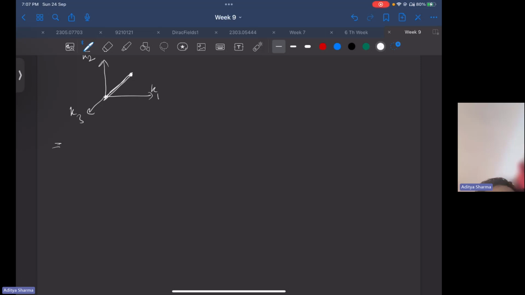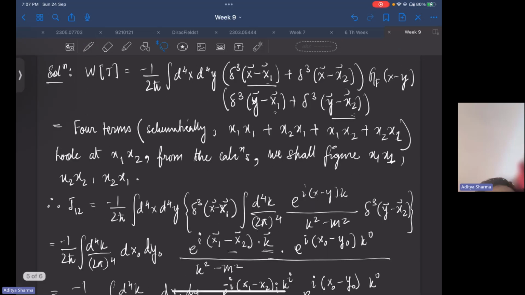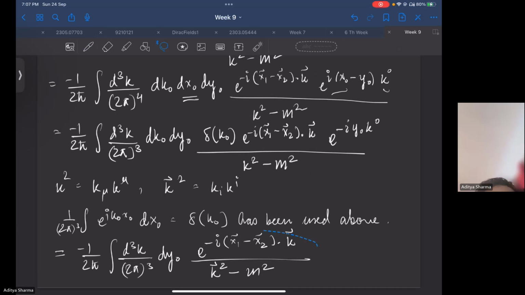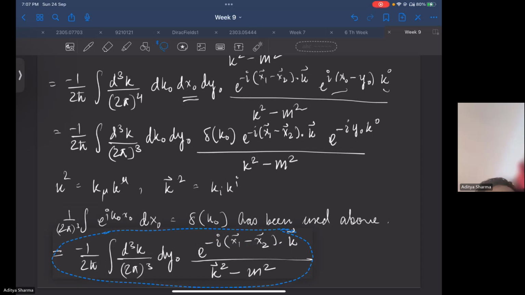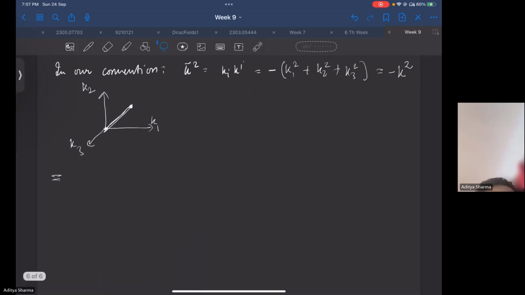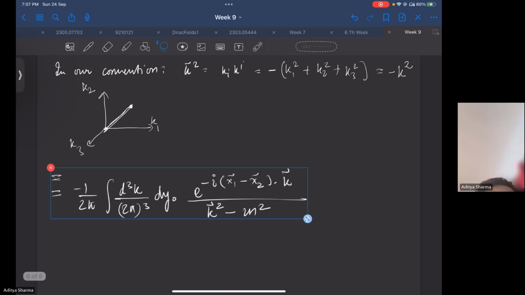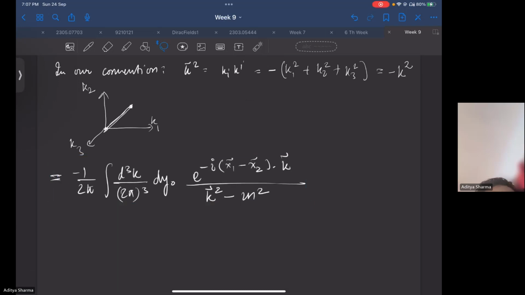So the above integral finally becomes, first things, this k square will be k square now.